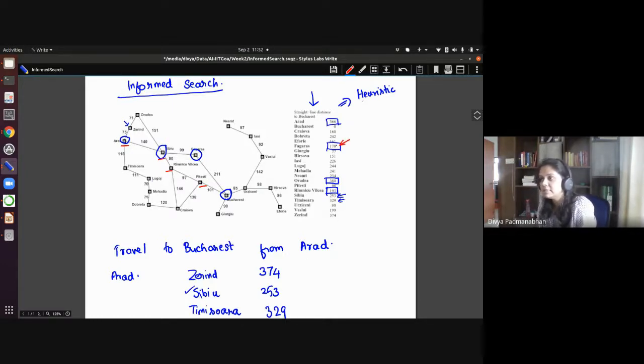Fagaras was 178 versus Rimnicu Vilcea at 193. So because of that, you chose Fagaras. But actually, Fagaras was a little more far from Sibiu. So there was a large cost here, and the heuristic told you that Fagaras is cheaper later on. But actually Rimnicu Vilcea was a cheaper way to go, right?